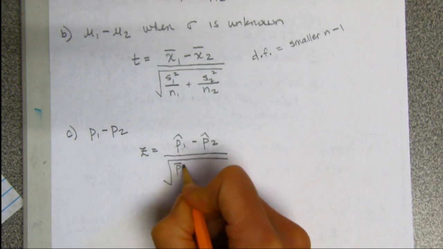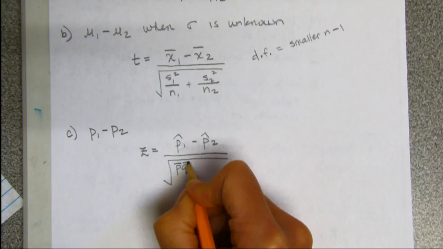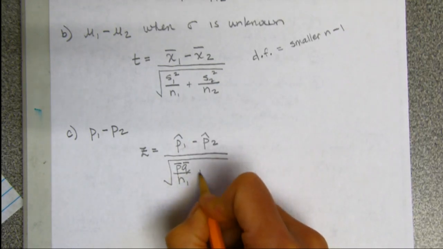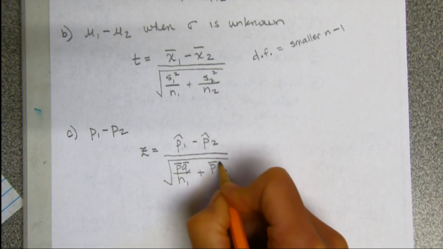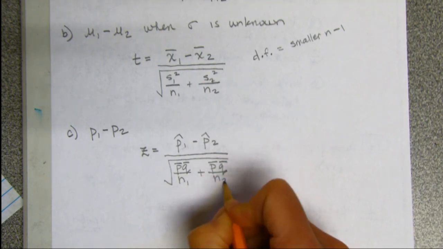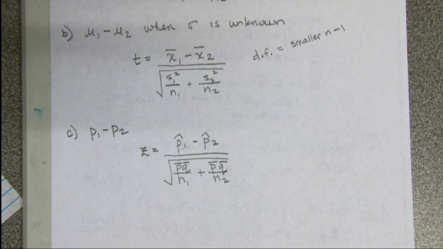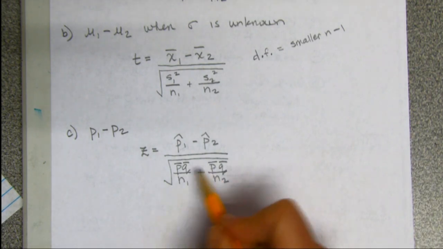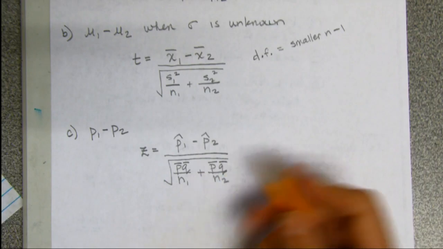p bar, q bar over n1 plus p bar, q bar over n2. Now remember, the p bars and the q bars are something different. They're not hats.